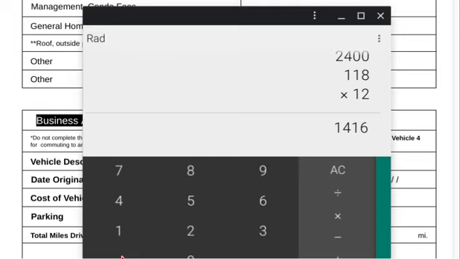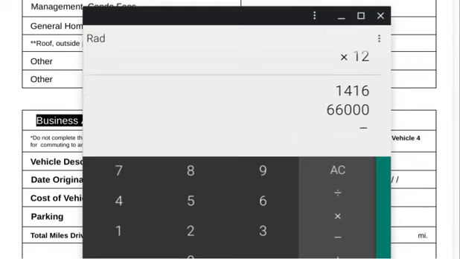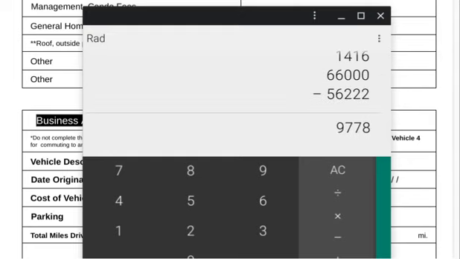It could be 66,000 at the end of the year, and you're gonna minus that from the amount that you have written down from the beginning of the year. So at the beginning of the year, it was 56,222, and you're gonna see that the difference was 9,778 miles driven for that one vehicle.